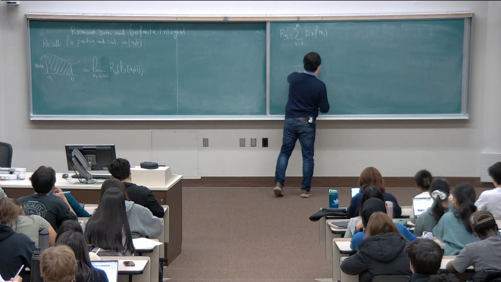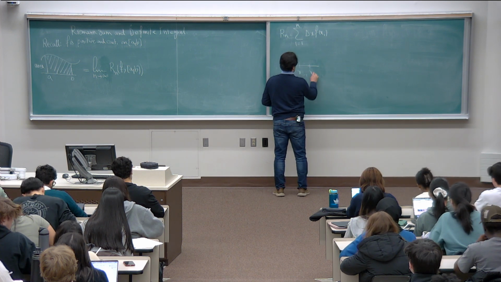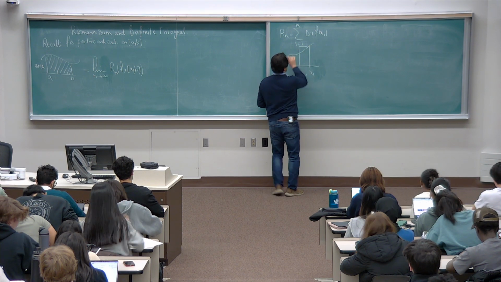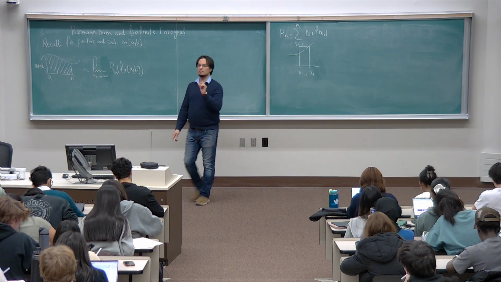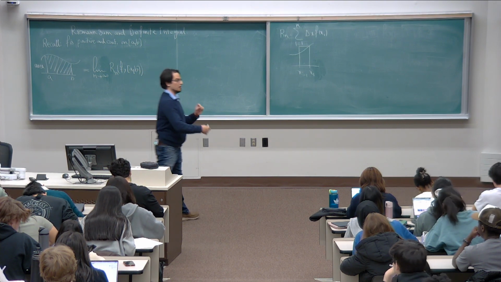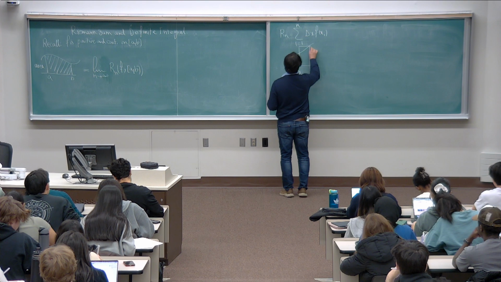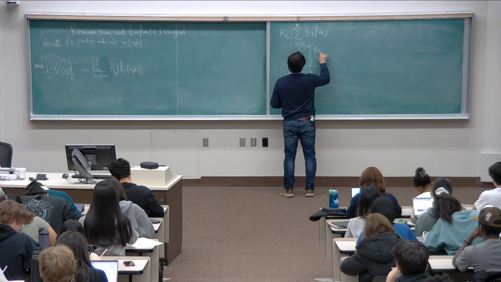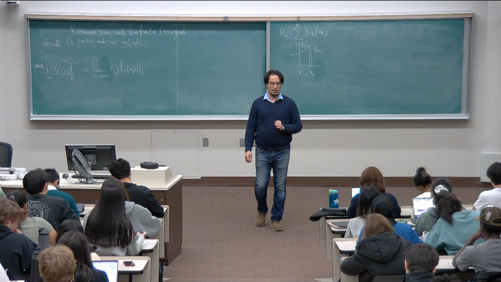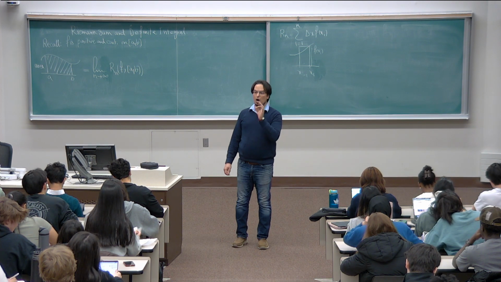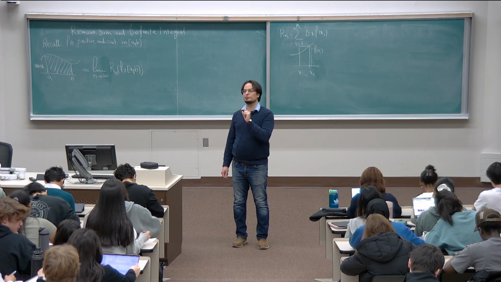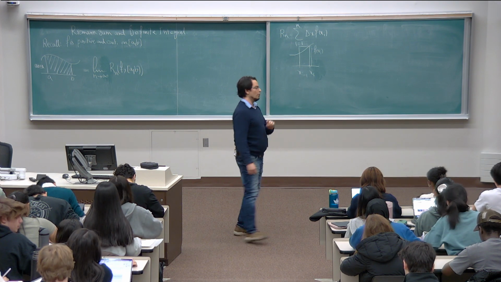But the height, we decided to evaluate the function on the right endpoint of that subinterval. So the height of that rectangle is f of xi. That Rn, R comes from the right endpoint sum.